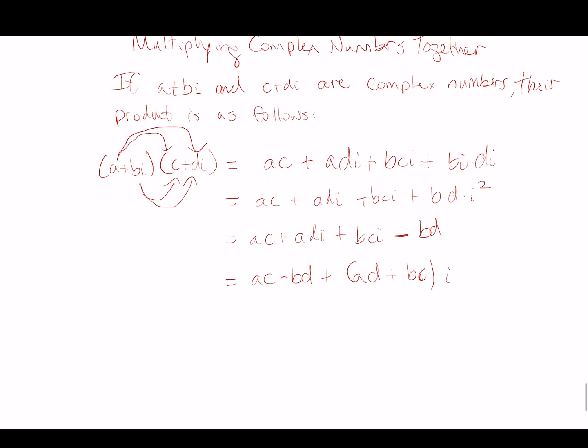So in general, we distribute, which I would call double distributing, like with binomials. Rewrite that.